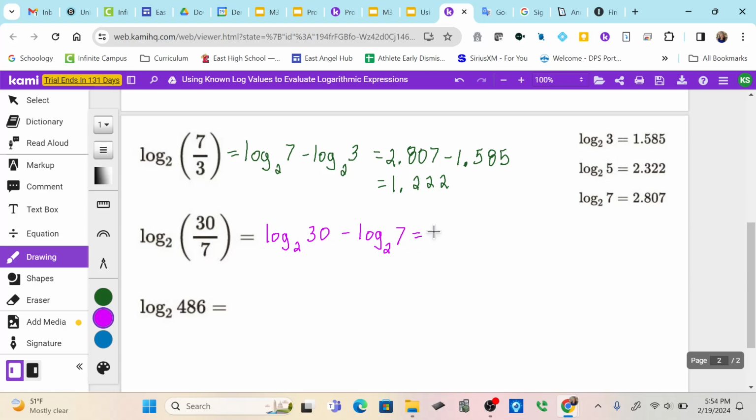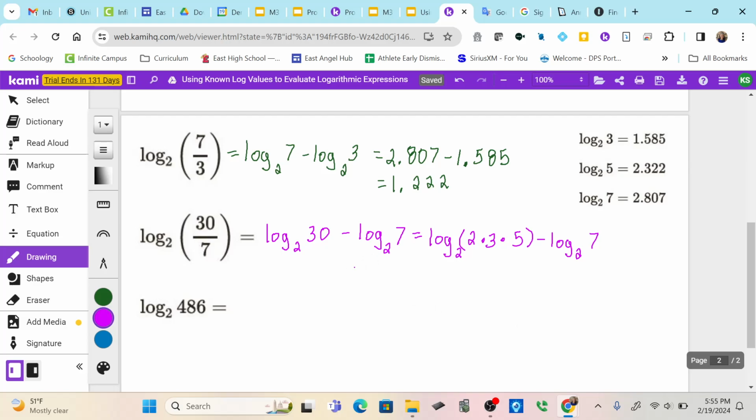So I can write this as log base 2 of 2 times 3 times 5 subtract log base 2 of 7.